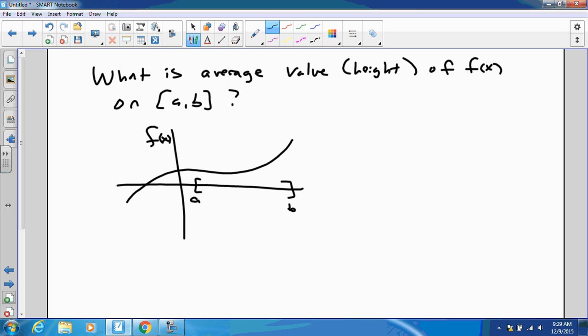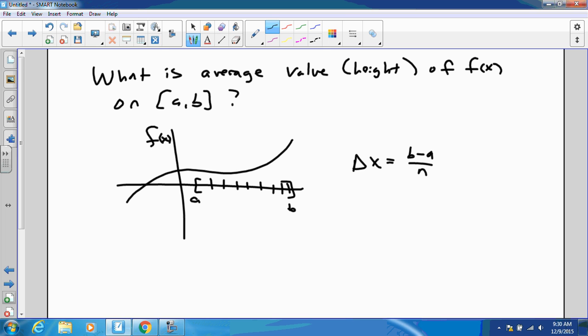And I think we all agree that it is impossible for me to directly add up all the y values and divide by the total number of y values because there are an infinite number of each. Can't do that. So what I'm going to do instead is to sample my function by partitioning a to b with a regular partition, so that delta x is equal to b minus a over n.